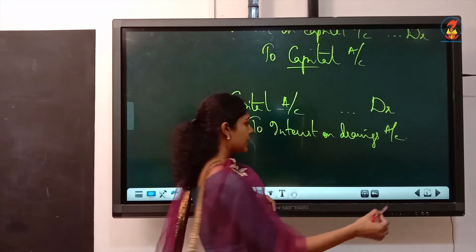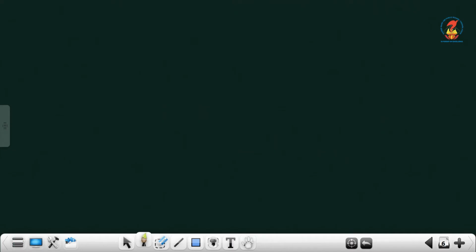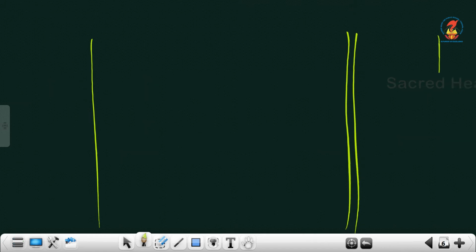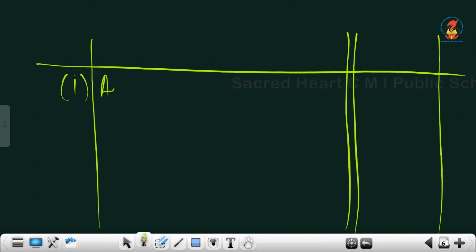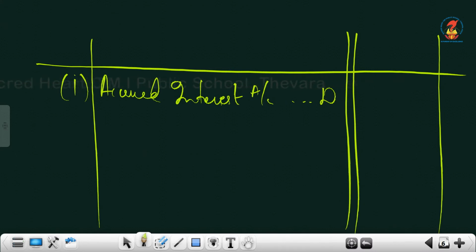So what's the journal entry for that? Just draw the format and do. Give the heading journal. Give the column headings. Then start recording. The first one is accrued. It is interest, no? Yes. So accrued interest account debtor to interest account.